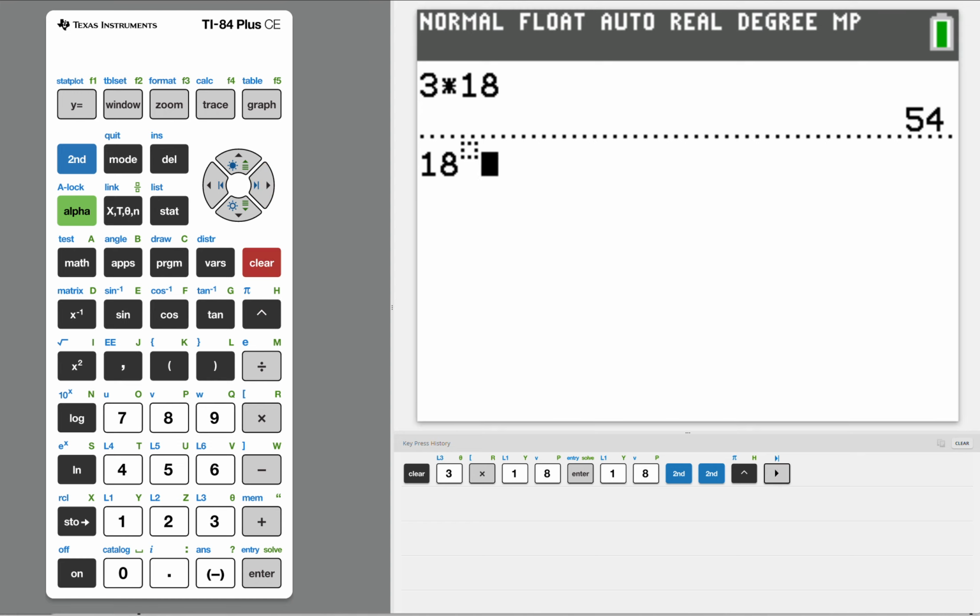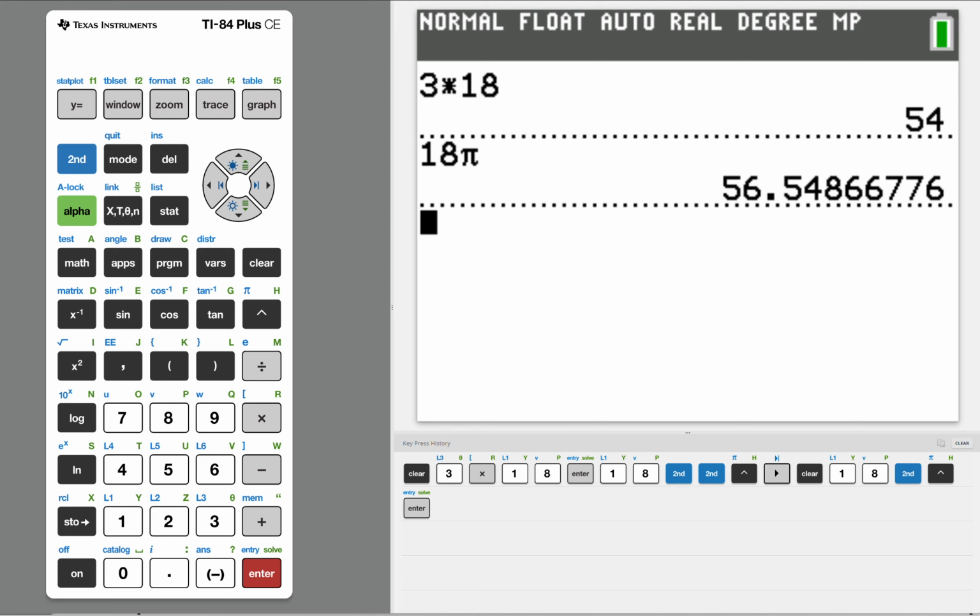Let's clear that once more. 18, and then I put second, and there's pi. Okay, so 18 pi, and then I just hit enter, and it'll put in the approximate value that it has for pi. And so that's 56.5, but this 4 is right by the 8, and so that rounds up to 5, so it's 56.55.